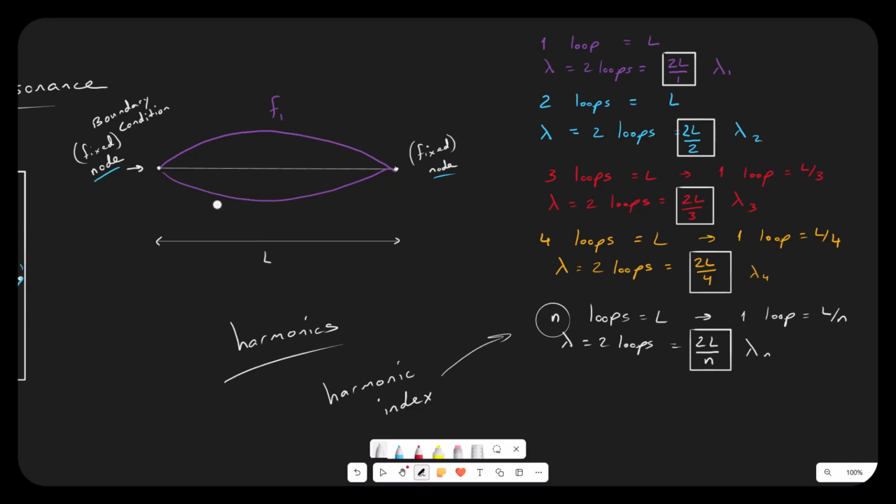So what we see at resonance is this amplification of our signal. We achieve resonance when we have, in this case, a whole number of loops on our string. Those are stable patterns, and those will have set locations for the nodes. I'll do a little bit more with this.